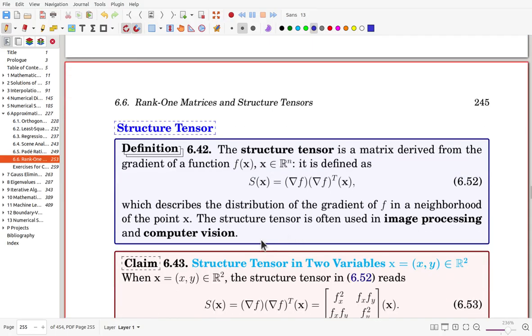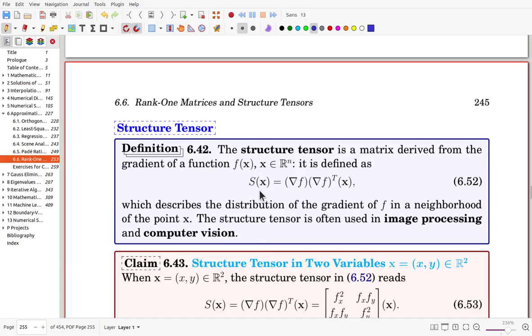Okay, now we'll go to the second part of the section, the structure tensor. The structure tensor is a matrix derived from the gradient of a function.